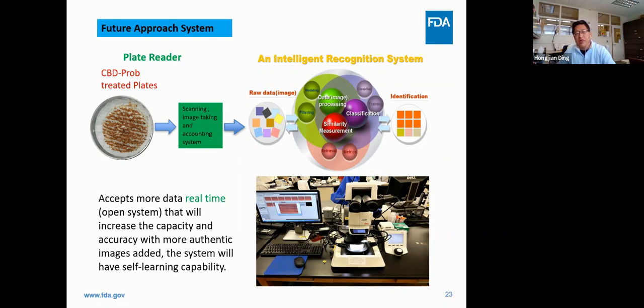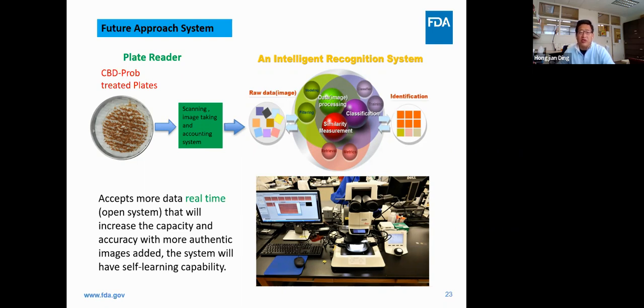That system will count, measure, and take an image. Then the intelligent recognition system will take that as raw data, and the algorithm will do the calibration and similarity measurement to produce identification results. So we have confidence in the identification.